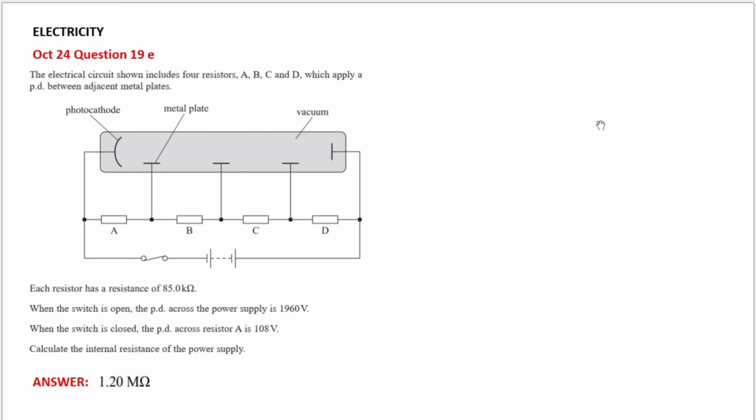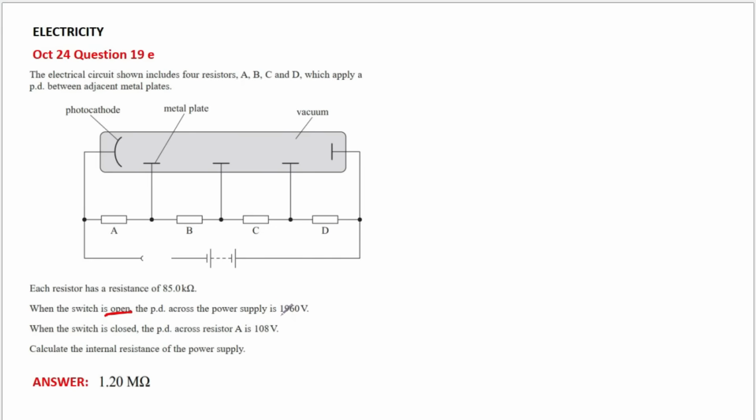This might be one of the, how do I put this, most advanced internal resistance questions. So you see, when the switch is open, right? When the switch is open, no current flows in the circuit. There is no current flowing, right?